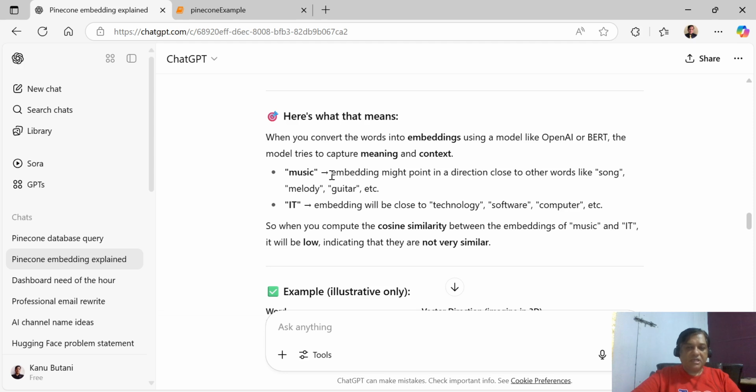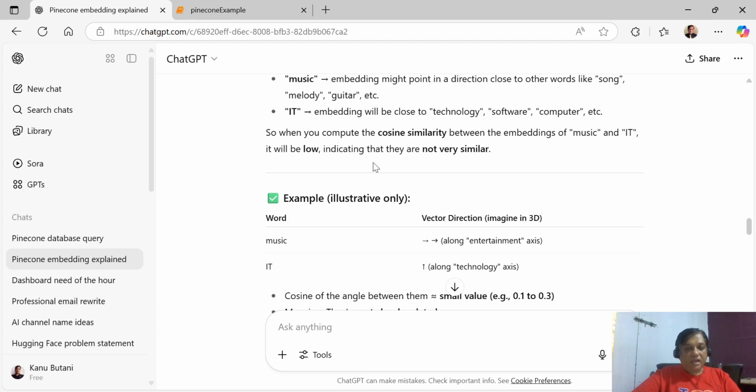In music, all the words like song, melody, guitar will point in one direction, and IT words like technology, software, computer will point in another direction. So they will not have the same direction. The cosine similarity will be different, so it will be low and they will not be similar.